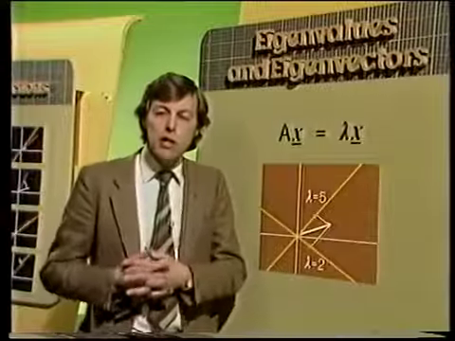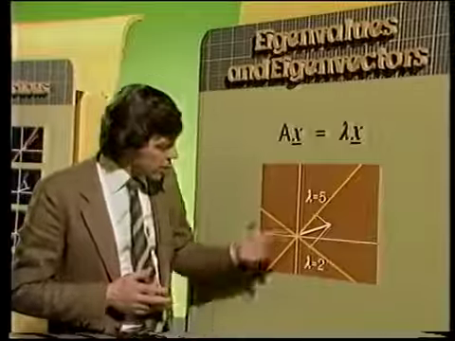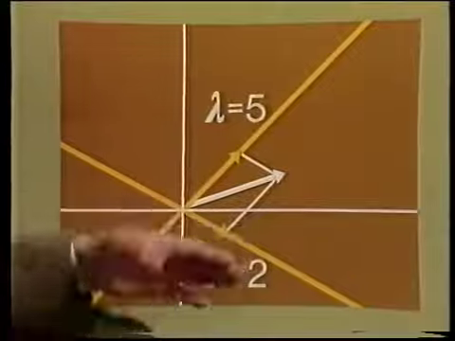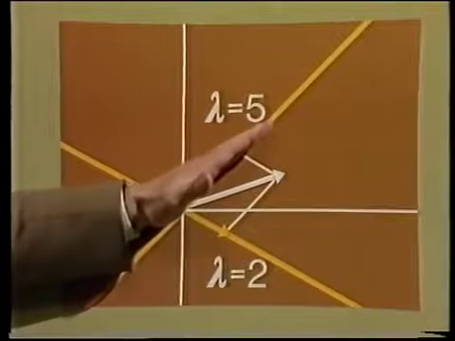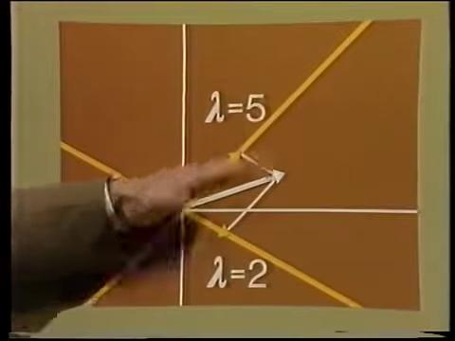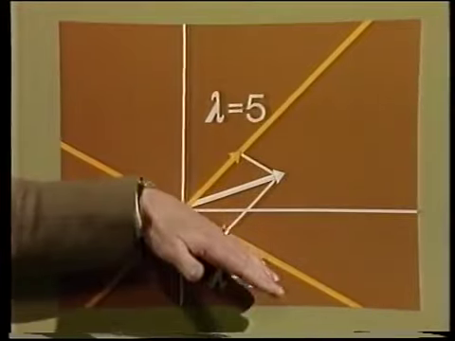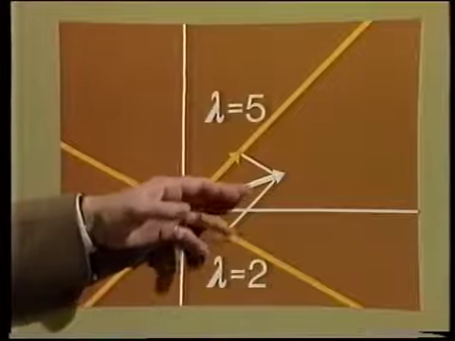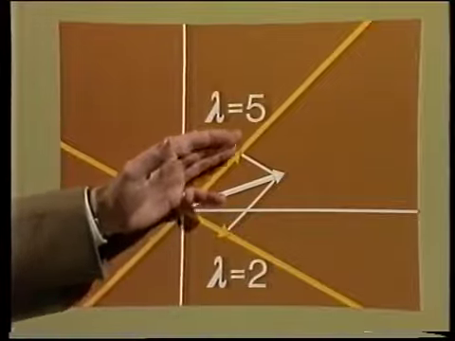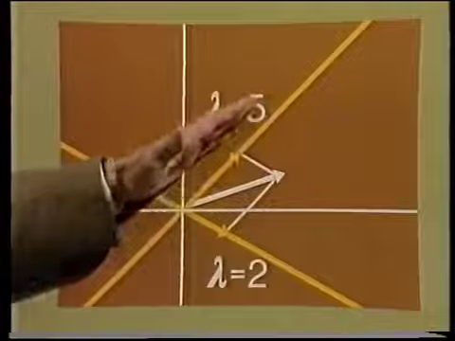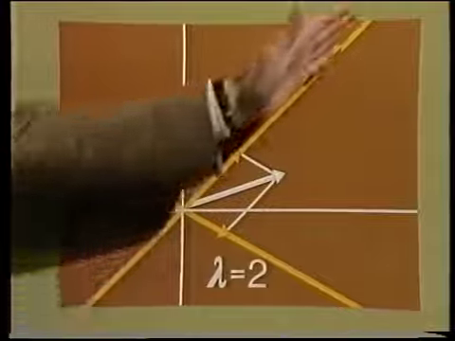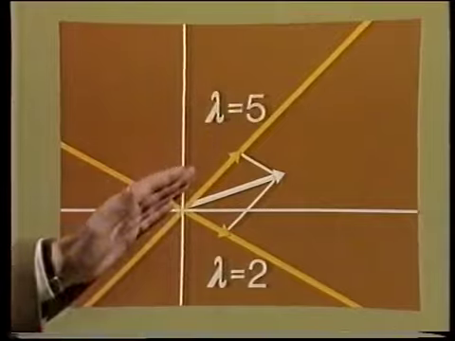So what Jen's just shown us is that if you apply the matrix to any vector here, it gets pulled 2.5 times more strongly in this direction than in this direction. So the result will be closer to this eigenvector. The vector sort of gets dragged round towards this dominant eigenvector by the matrix.